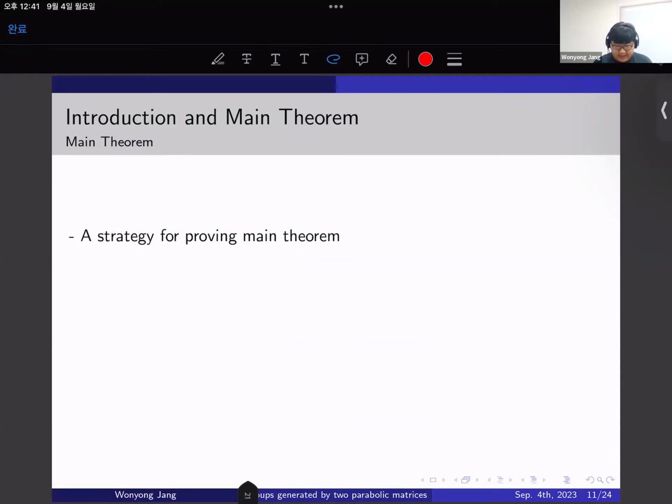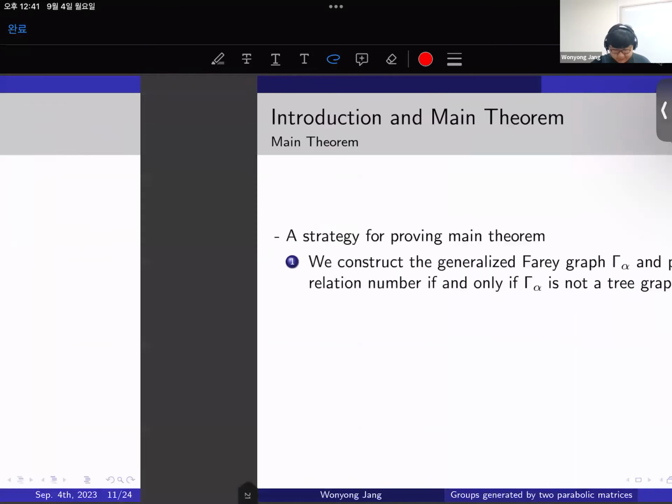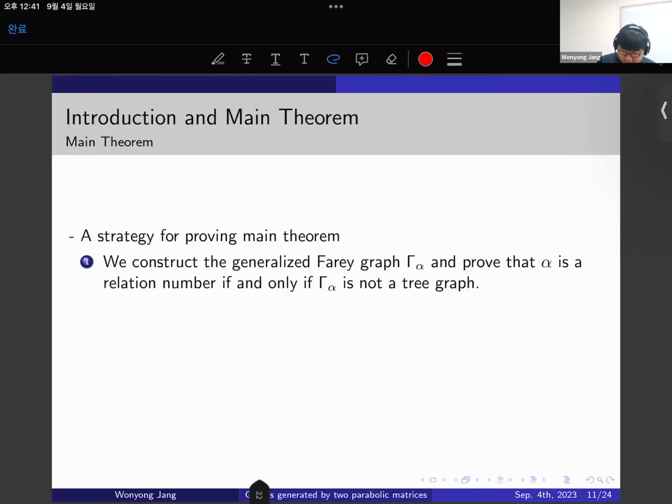Here is a main idea for proving the main theorem. First, we define the generalized graph Gamma alpha and prove that alpha is a relation number.